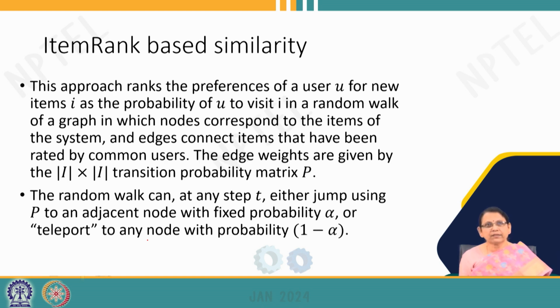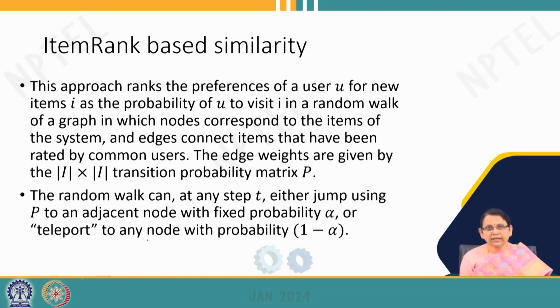This ItemRank based similarity is quite close in idea to the PageRank algorithm, which is typically used to rank web pages during search. In this case also you create a transition probability matrix.